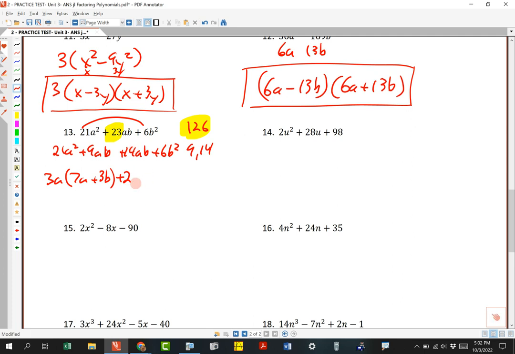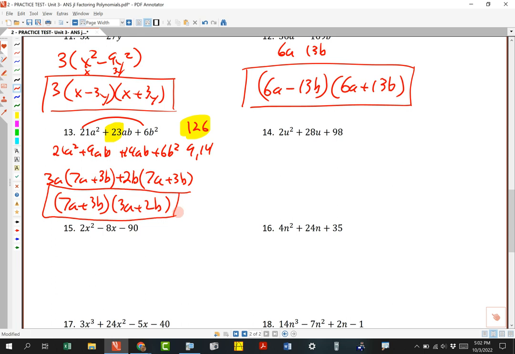Don't forget the b there. 2 and a b, and you're left with a 7a, and if I take a 2 out, I'm left with a 3, and I took a b out, so I'm left with nothing. So this is going to be 7a plus 3b, and we're left with 3a plus 2b. And that looks pretty good right there. Okay, so I think we've got that one taken care of.